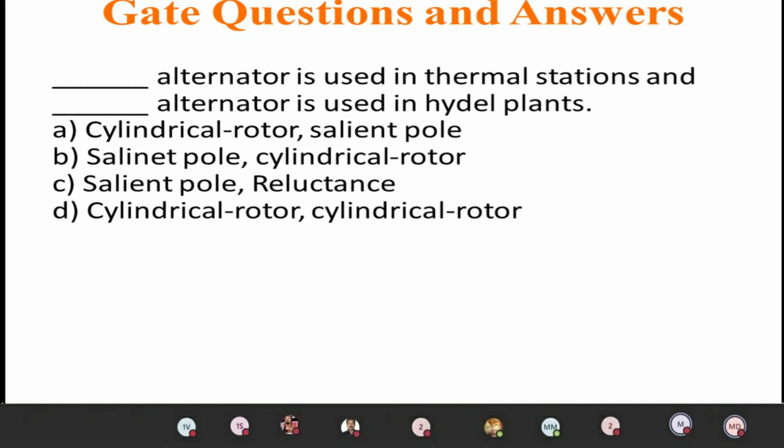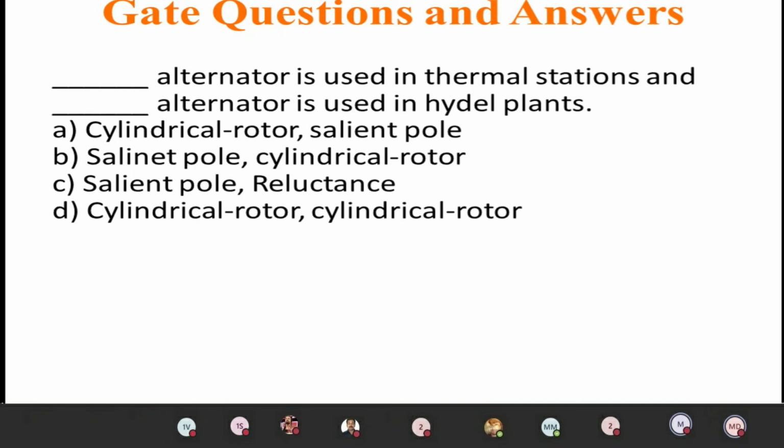So we have two different alternators, salient and non-salient. The options: first is cylindrical rotor and salient pole. Second one is salient pole and cylindrical rotor. Third one is cylindrical pole and reluctance. Fourth one is cylindrical rotor and cylindrical rotor.